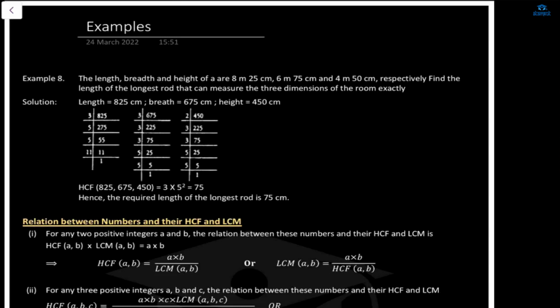First of all, since the values are in different units, you better change all the values into centimeters. Then you will find the length of the longest rod that can measure the 3 dimensions exactly. So what you are going to find is the highest common factor. Understood? Try this.